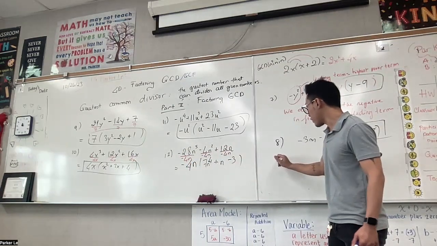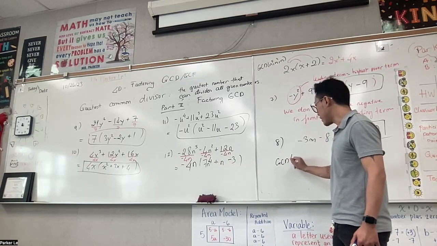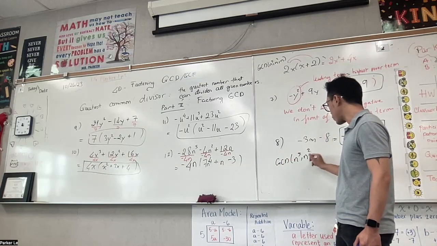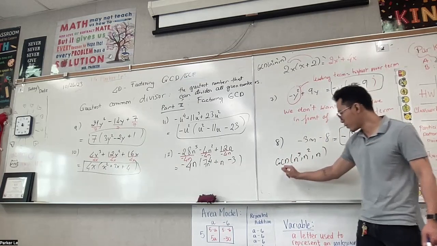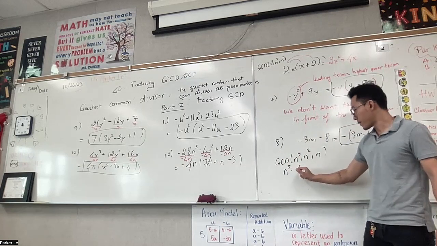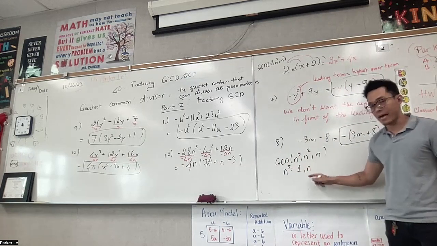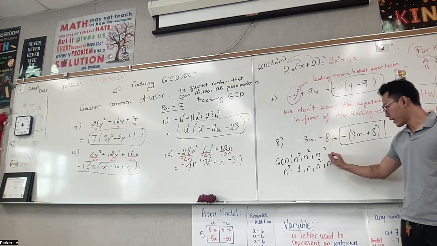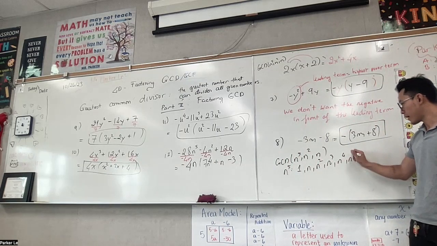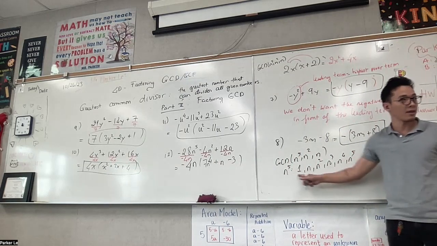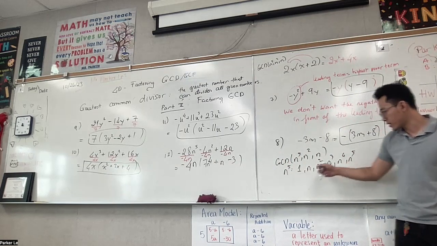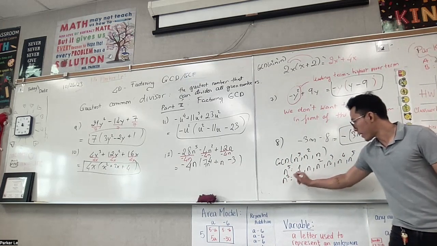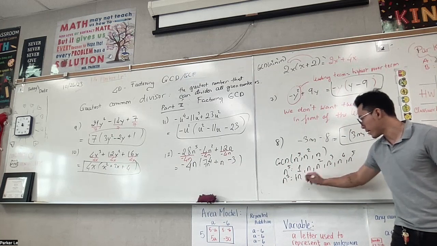Okay, let's do this. Hold on. So n, n squared, n cubed, and 4 and 5. That's the divisor. For n squared, I have 1, n, and n squared.